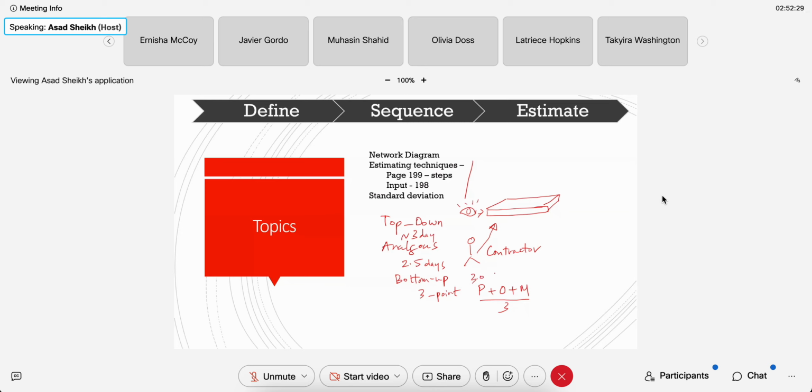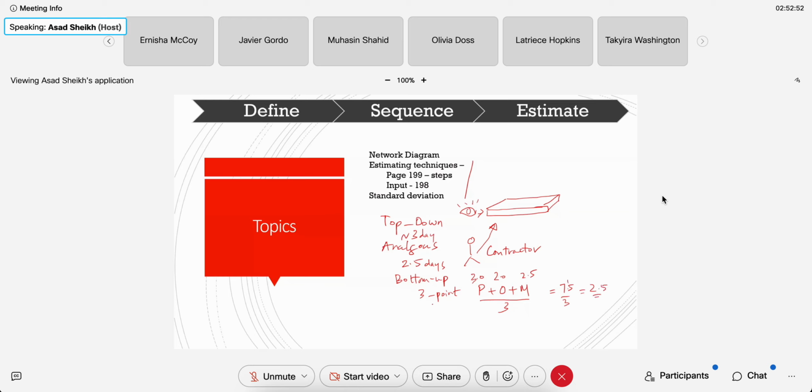Optimistic, best case, 2 days. Most likely, 2.5 days. You just add them up and divide by 3: 3 plus 2 plus 2.5 is 7.5, over 3 is 2.5.